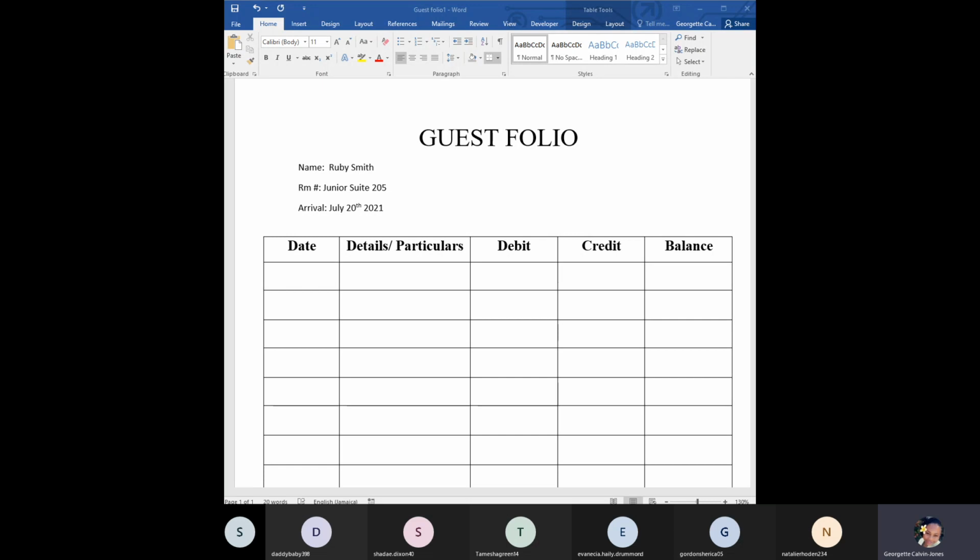Sharika, what do you have? All right, so it said she settled her account on the 15th, so she paid her balance in full. She paid 2,500.